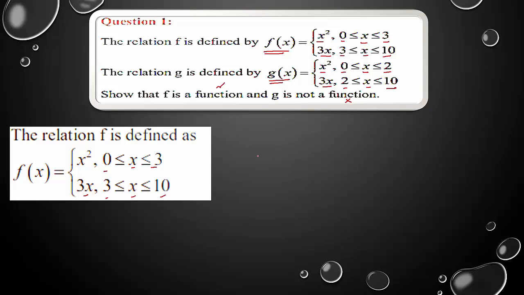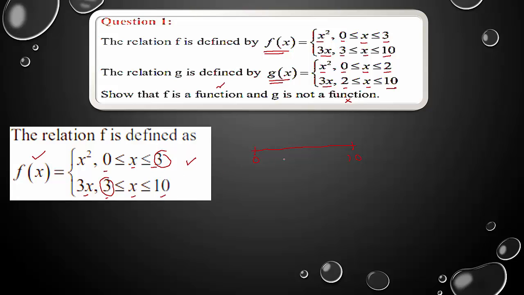Clear? Okay. For this, see here, we call 3 the breakpoint of this function f of x. 3 as breakpoint means this function is defined from 0 to 10.